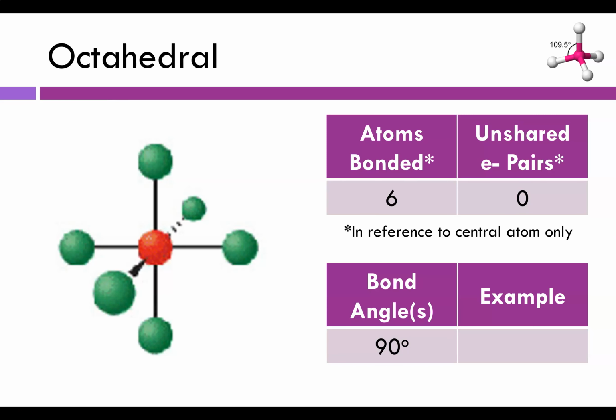And if it's expanded its octet to form 6 bonds, we are looking at some sulfur-containing compound. Sulfur hexafluoride, SF6, is an example of an octahedral molecule. Just like with the trigonal bipyramidal, we can start pulling off atoms, replacing them with unshared pairs of electrons, and coming up with even more geometries. But we're going to skip out on that at this point in time. Let's look at some practice problems.